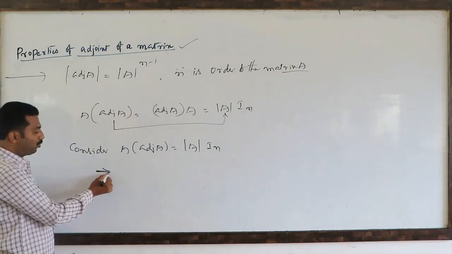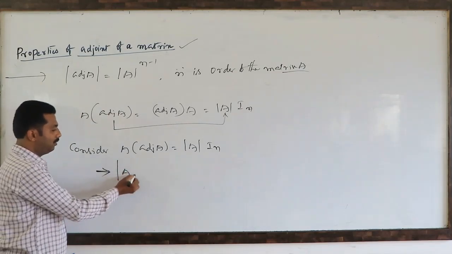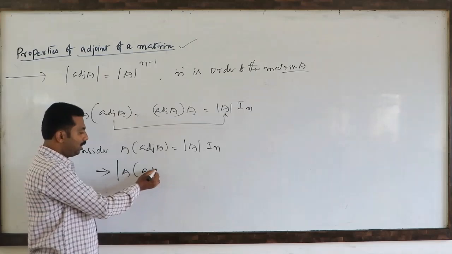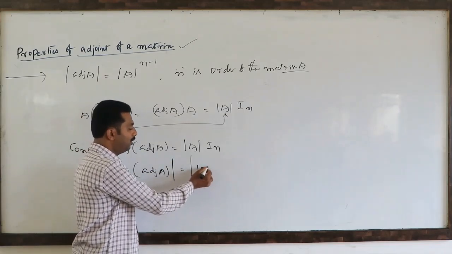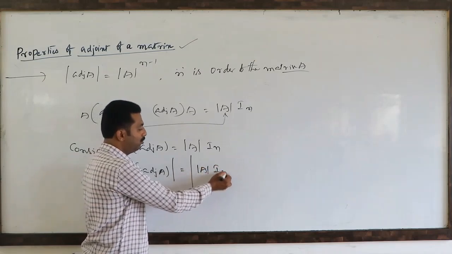Taking determinant on both sides, determinant of A into adjoint of A equals determinant of A into In.